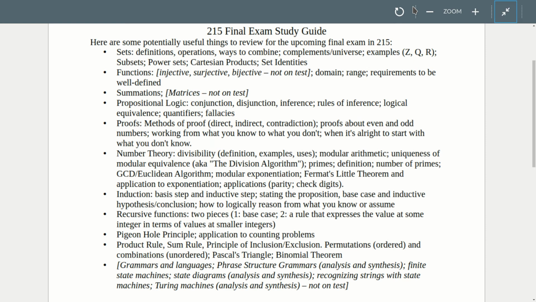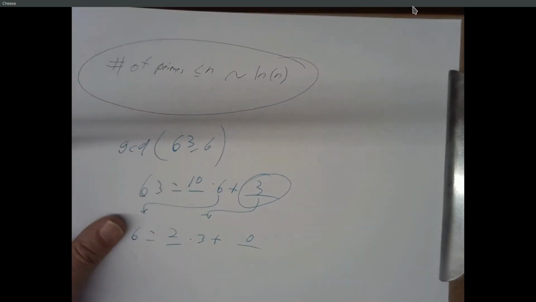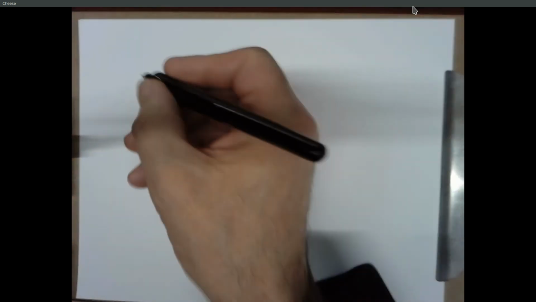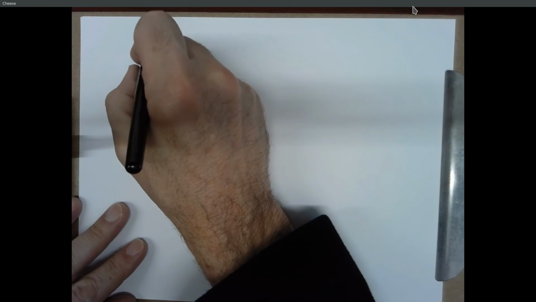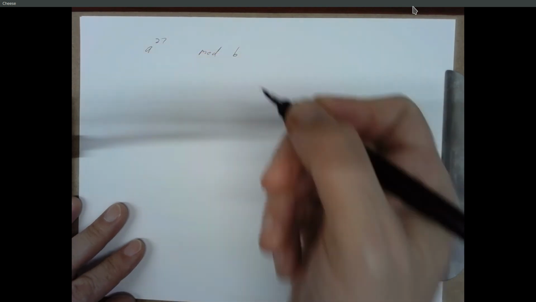Modular exponentiation, Fermat's little theorem, these were ways to do larger arithmetic calculations using modular operations. So modular exponentiation: let's say you want to compute a to the 27th modulo b.